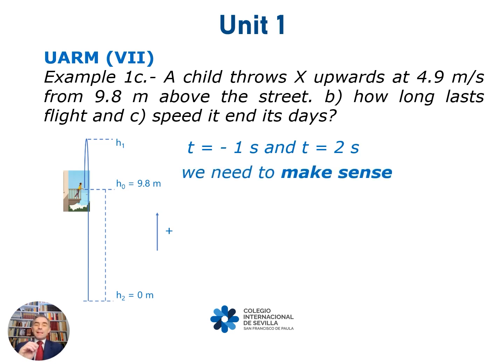So let's go back for a second to the question we posed Dr. Mathematics. We said that the moving body was at 9.8 meters above the origin, moving at 4.9 meters per second in the positive sense, with a constant acceleration of minus 9.8 meters per second squared. Constant acceleration.